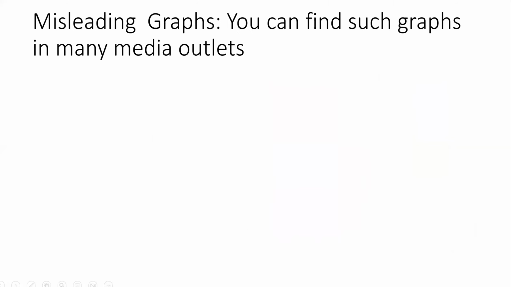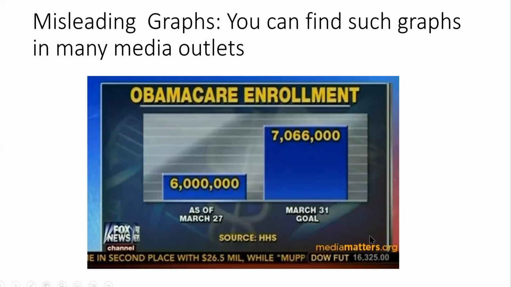And unfortunately, this type of error happens a lot in media. For example, here we have one graph that appeared on Fox News and talks about Obamacare enrollment. It compares the March 27 numbers versus the March 31st goal.